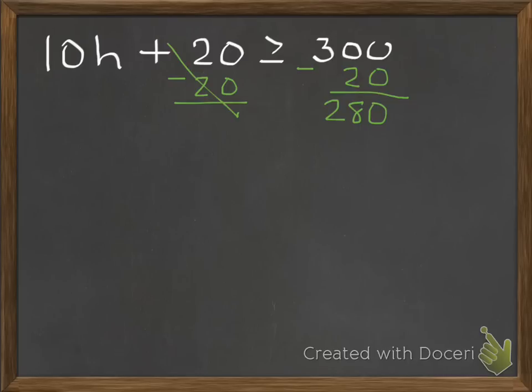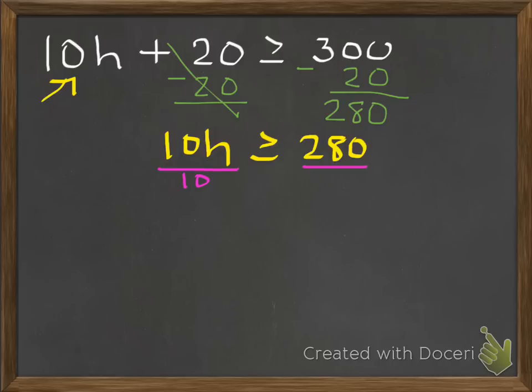So now we're going to rewrite. Don't forget to rewrite that expression. So now we have 10h, because that was left from right there, is greater than or equal to 280. And now to get rid of the 10 that's attached to the h, remember 10h right next to each other means to multiply. So we're going to have to divide to undo that, because remember you have to do the inverse operation.